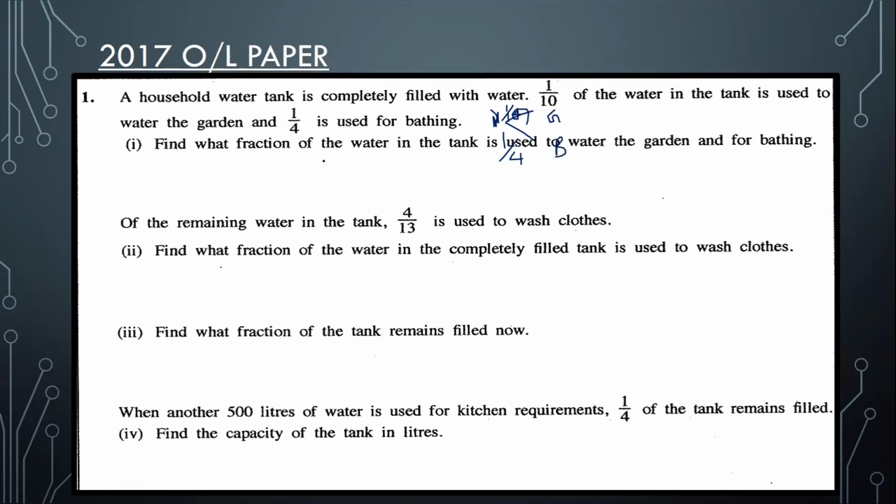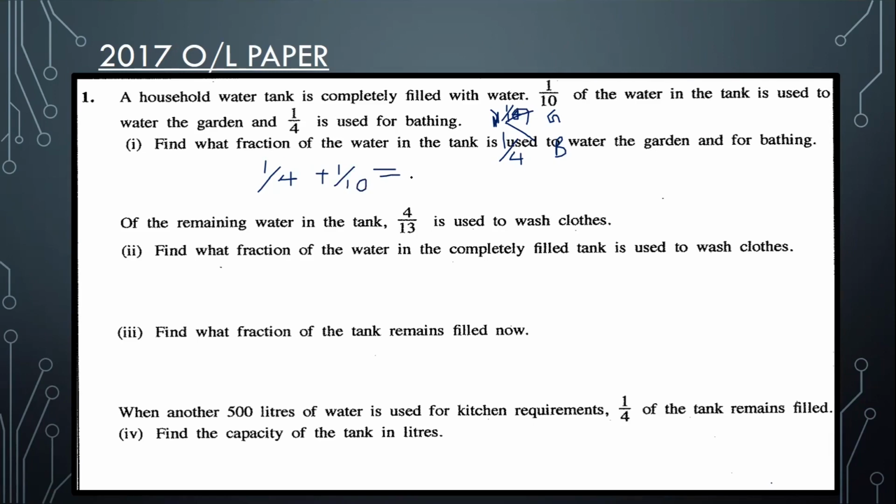So they have asked to find what fraction of the water in the tank is used to water the garden and for bathing. That means they are asking for both of these fractions. That is equal to 1/4 plus 1/10. If you take the denominator, you have to make it the same.